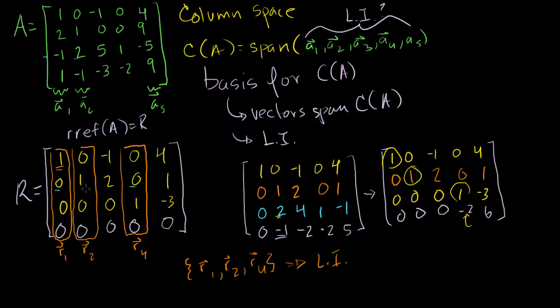This is by definition of a pivot entry. When you put it in reduced row echelon form, it's very clear that any pivot column will be the only one to have 1 in that place. So it's very clear that these guys are linearly independent.